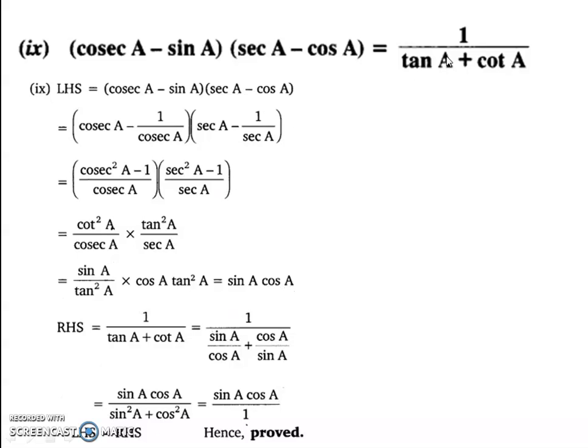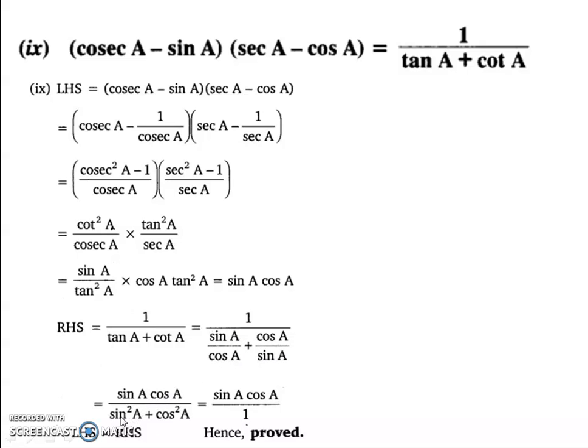Now taking the RHS. What is RHS? 1 by (tan A plus cot A). Here tan and cot we are going to express in terms of sin and cos. Tan A is equal to sin A by cos A plus cot A is cos A by sin A. Taking the LCM, we will cross multiply.